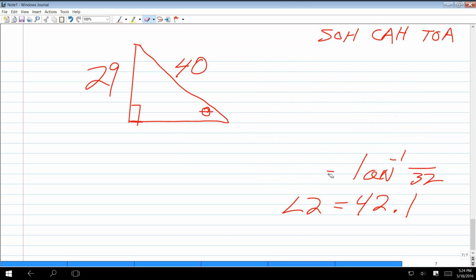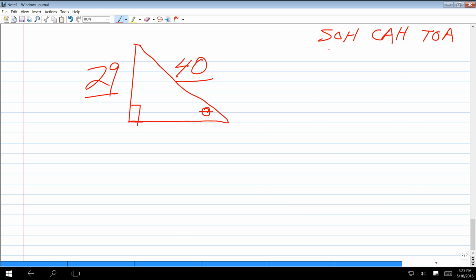Wouldn't you do the inverse function? Which one? Wouldn't it be opposite over hypotenuse? Yeah. In other words, we know the opposite, we know the hypotenuse. Well, that's sine. So the sine of theta would be 29 over 40, which means theta is the inverse sine of 29 over 40.